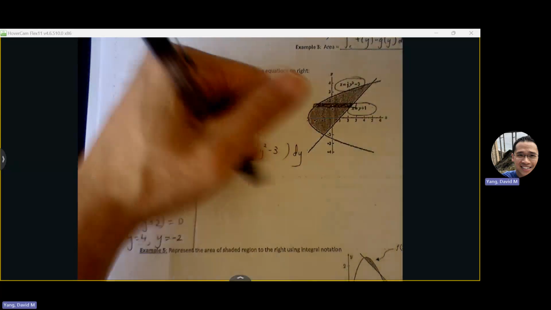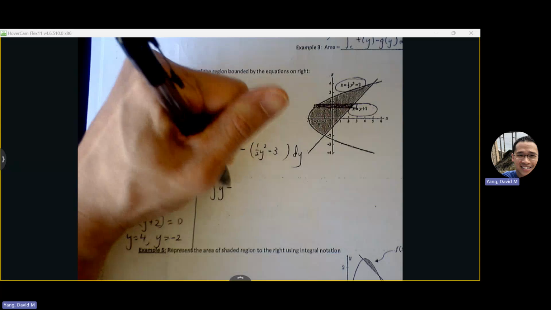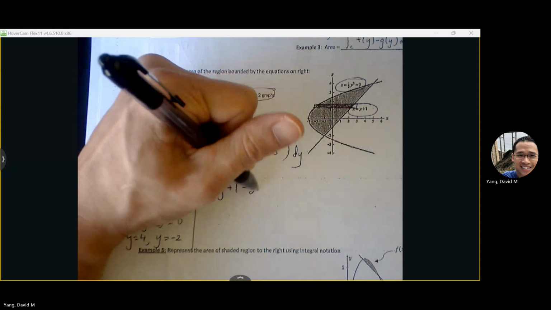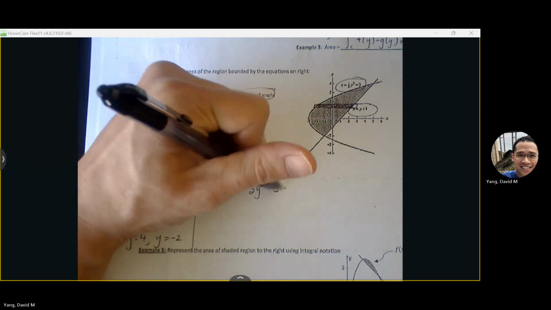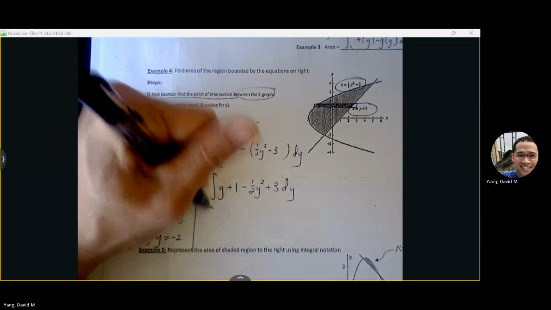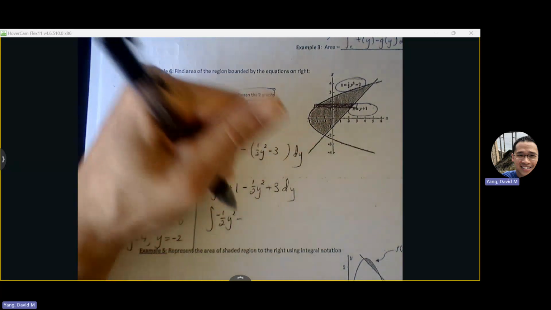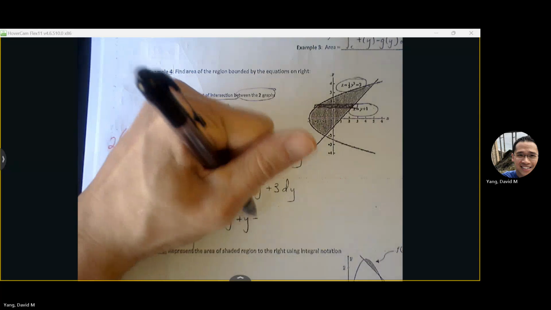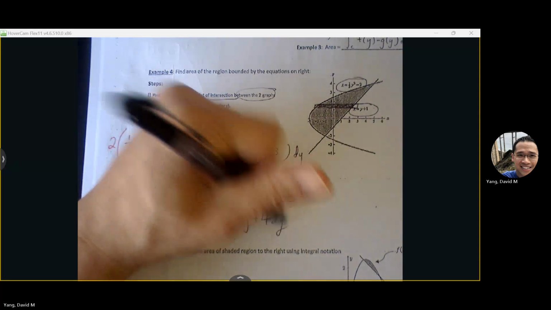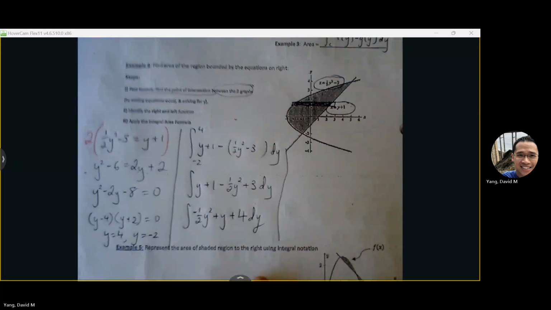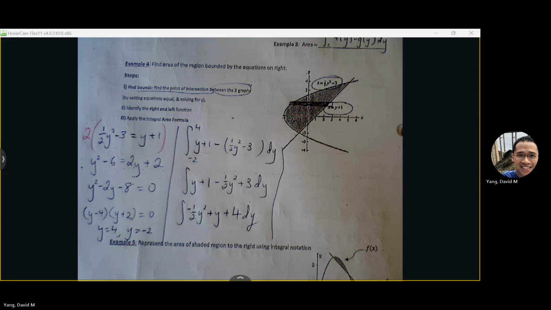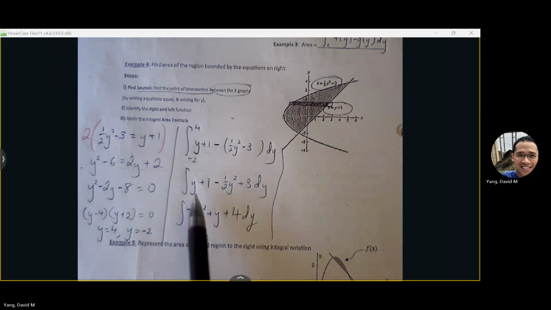All right, so again, it's just power rule, but everything's just in terms of y. I'm just going to arrange them a little differently here. So we do power rule, power rule, power rule, and then we plug in our upper and lower bound.